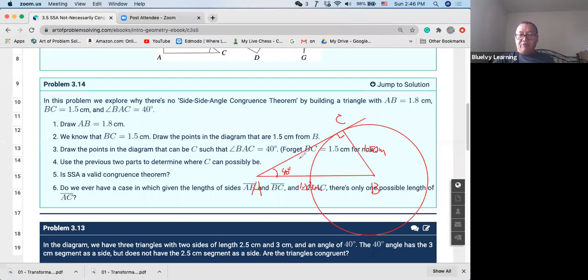So if there's only one, they will have to form a right triangle. This angle will make line AC intersect with this circle at only one point.